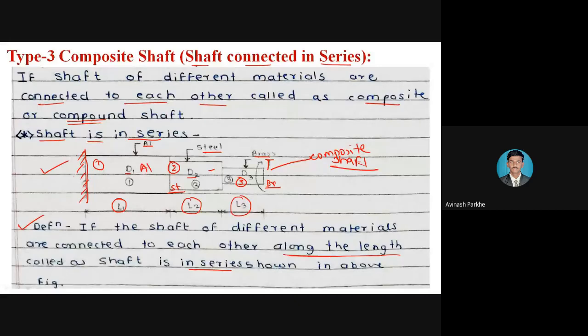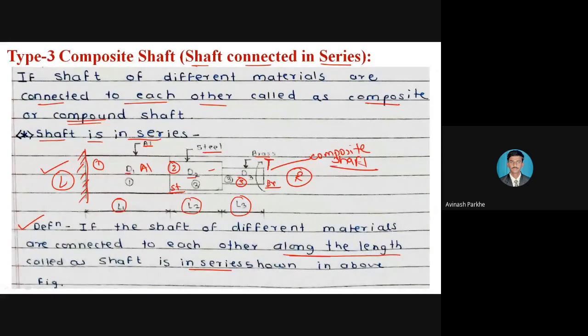You can see in this figure, this is the left side, which is fixed, and this is the right side, in which the T amount of torque is applied at the free end.